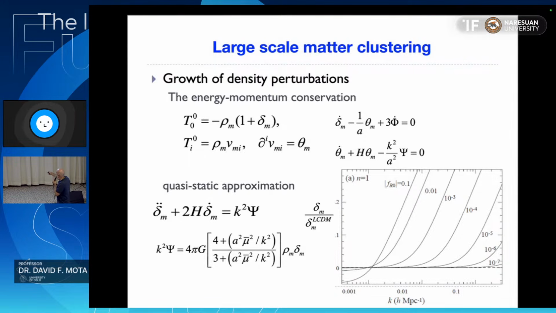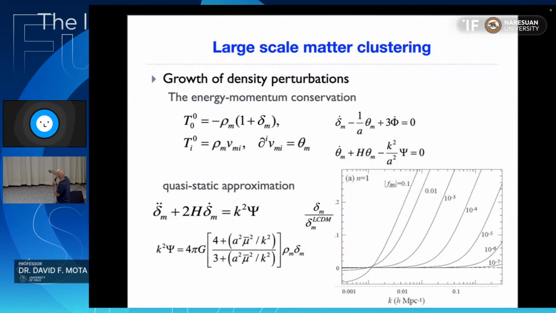And what I'm plotting, all these lines, they are the deviation from lambda CDM for an f of R model with f_R0 equal to 0.1 all the way to 10 to the minus 7. As you can see, when it's 10 to the minus 7, it's almost 0.